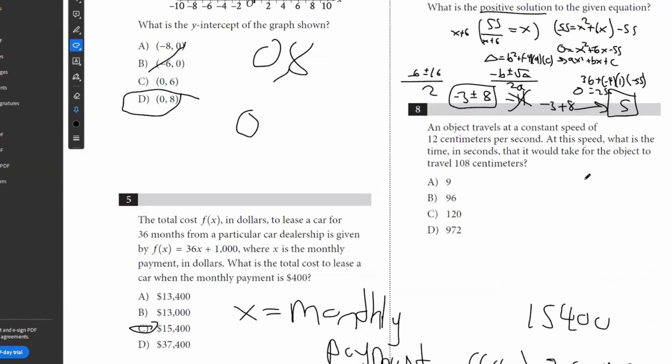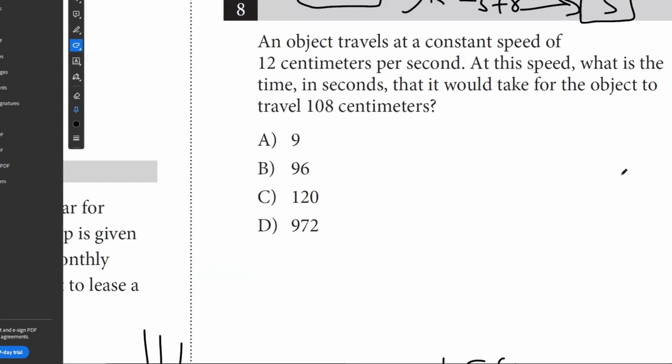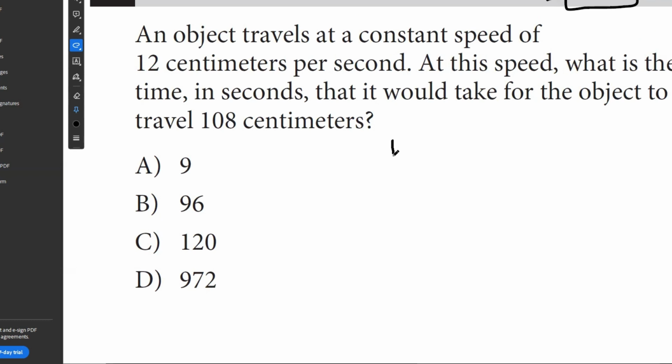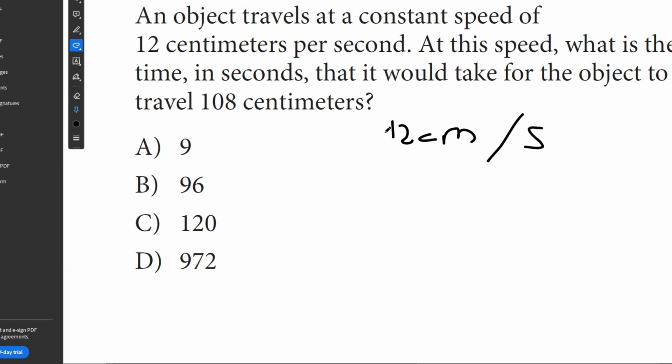All right, question number 8. An object travels at a constant speed of 12 centimeters per second. At this speed, what is the time in seconds that it would take for the object to travel 108 centimeters? So if we travel 12 centimeters per second, how many seconds will it take to travel 108 centimeters?